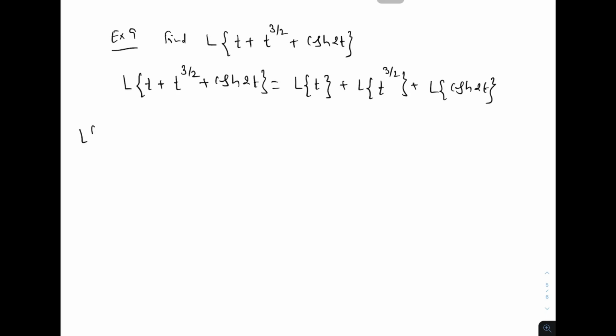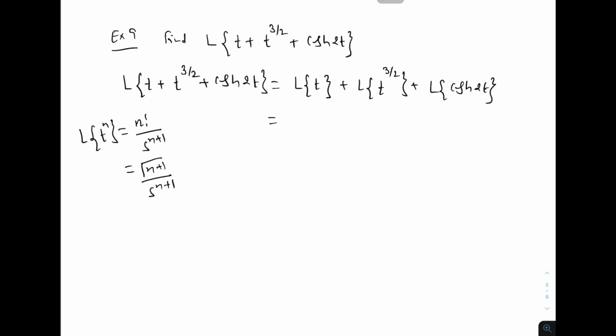Now these are the standard results. Laplace transformation of t power n, if n is a non-negative integer, then n factorial over s power n plus 1, or you can have gamma n plus 1 over s power n plus 1.